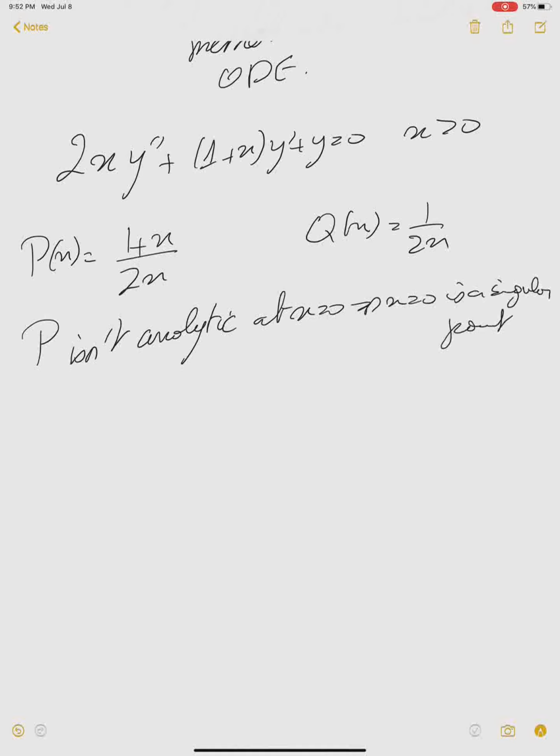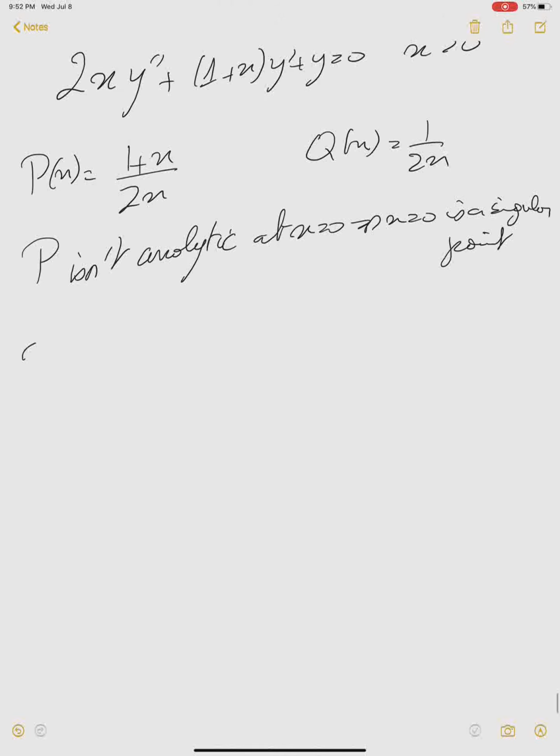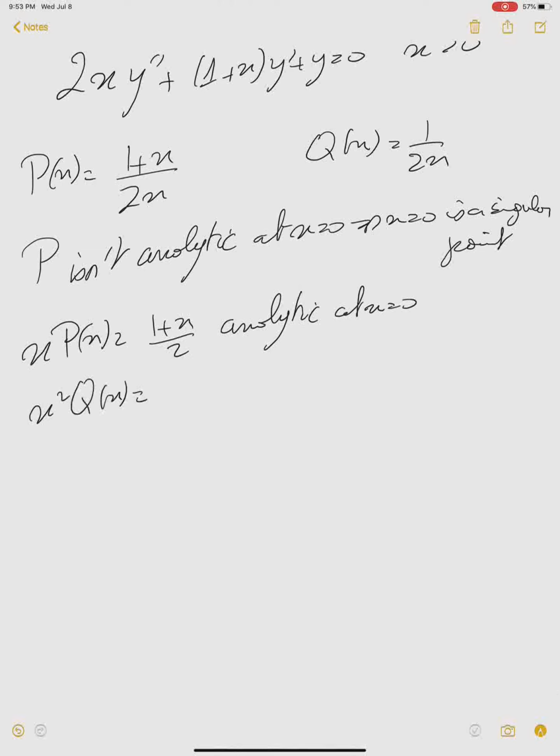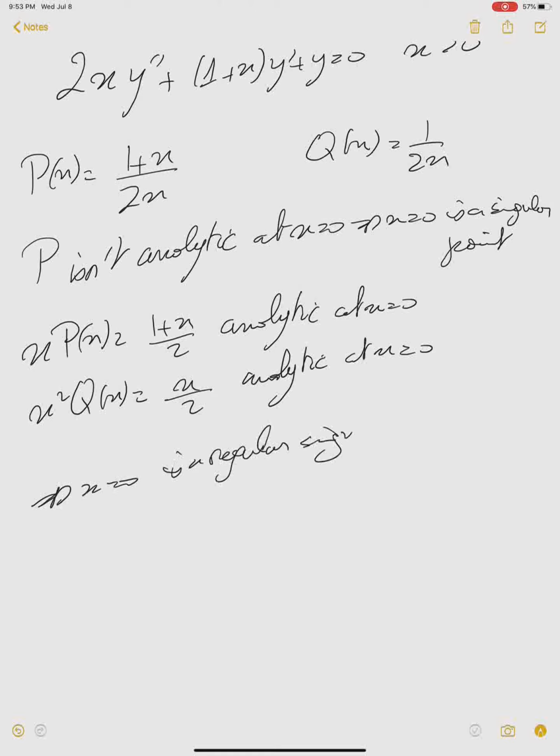And next, I want to show that it's a good kind of bad point. So what is x p(x)? This is (1 + x) over 2. This is analytic at x equals 0. What's x^2 q(x)? This is x over 2. And this is analytic at x equal to 0, and therefore x equals 0 is a regular singular point.